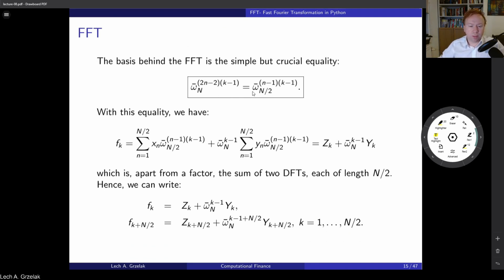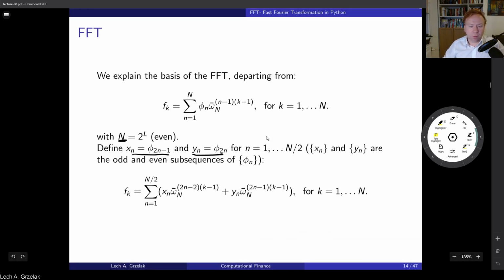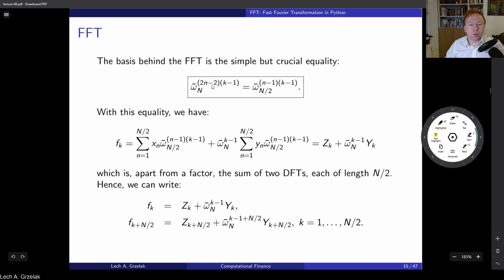In the representation above, we had the summation of x_n and y_n, and we can substitute. There is omega_n^{(2n-1)(k-1)}, and we know that this is closely related to the term on this side, and this is the relation, right? So it's (2n-2)(k-1) and (n-1)(k-1).